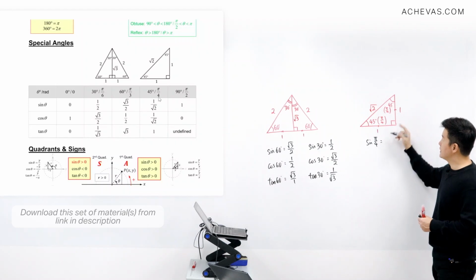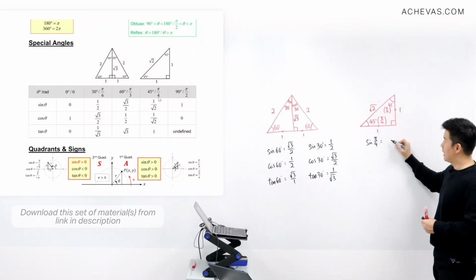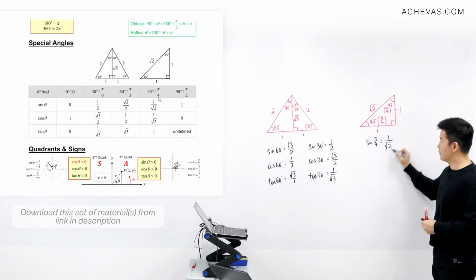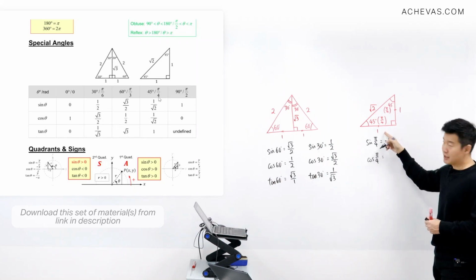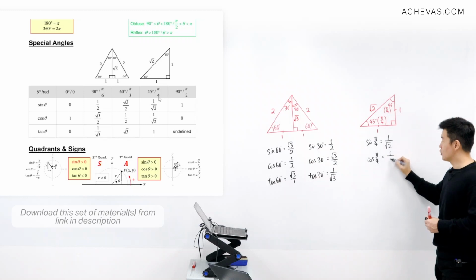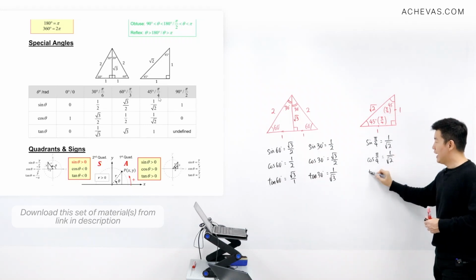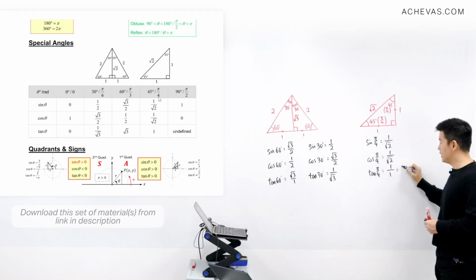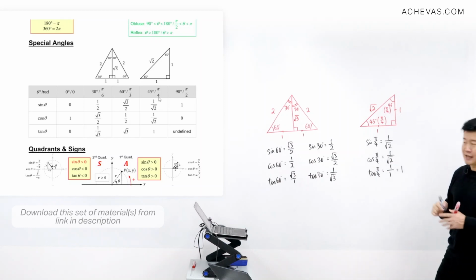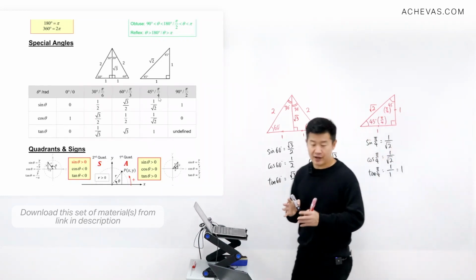Sine of pi over 4 is opposite over the hypotenuse, is 1 over square root of 2. And cosine of pi over 4, similarly, adjacent over the hypotenuse, is also 1 over square root of 2. And tangent of pi over 4 is opposite over the adjacent, so it's 1 over 1, it is equal to 1. These are the special angles that you should memorize.